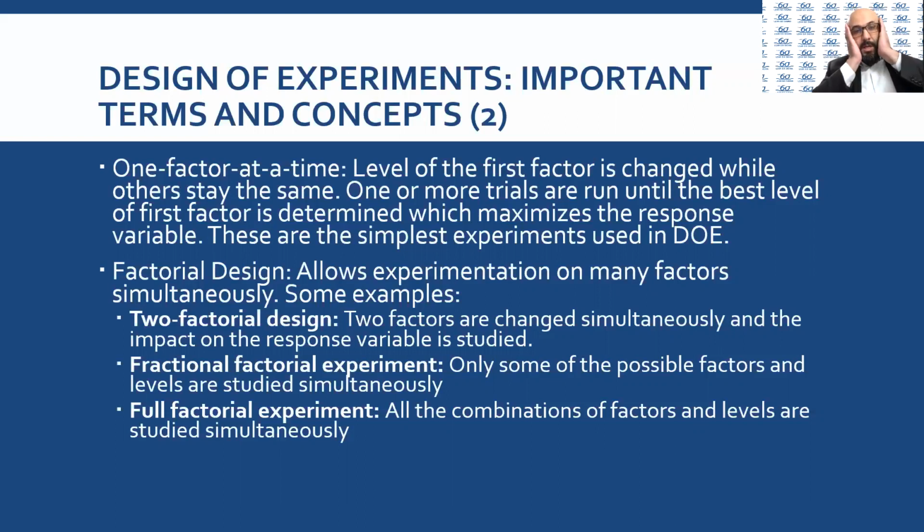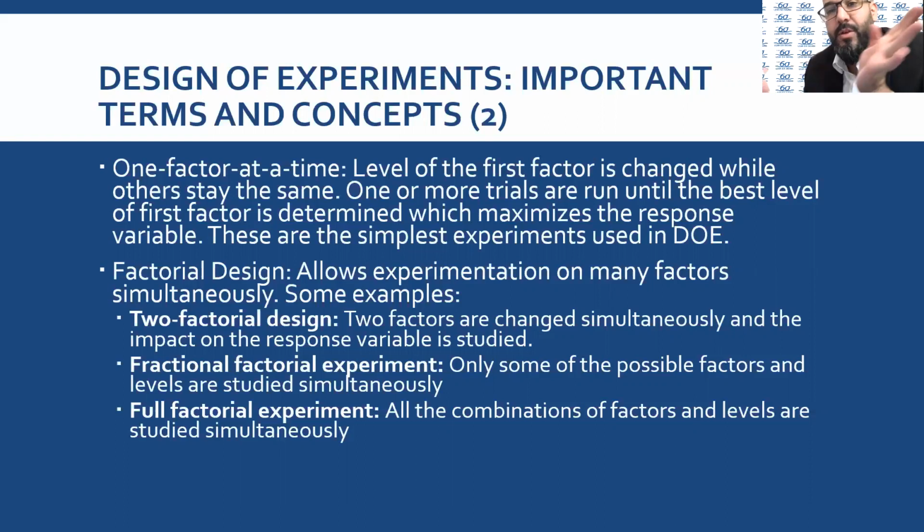So think about it. If you have only two factors studied together while the others stay constant, this is a two-factor factorial design. Fractional factorial design is when only some of the possible factors, only a fraction of them, are studied. It could be more than two, three, four.